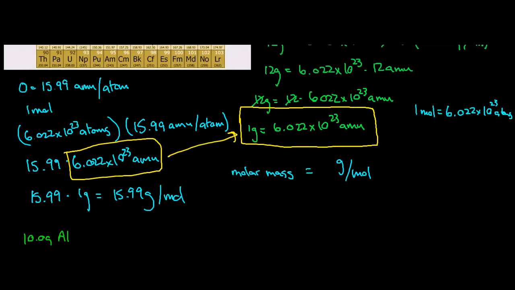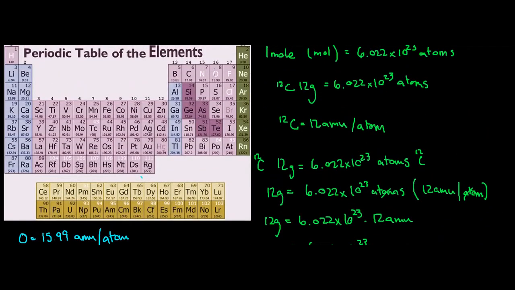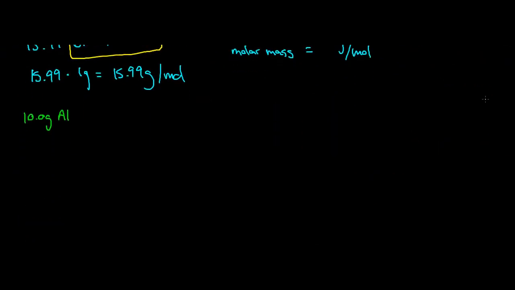So I'm going to go look at my periodic table and look up the molar mass. Aluminum is right here. It has a molar mass of 26.98 grams. That means that for every 26.98 grams, there is 1 mole. 26.98 grams gives 1 mole of aluminum.